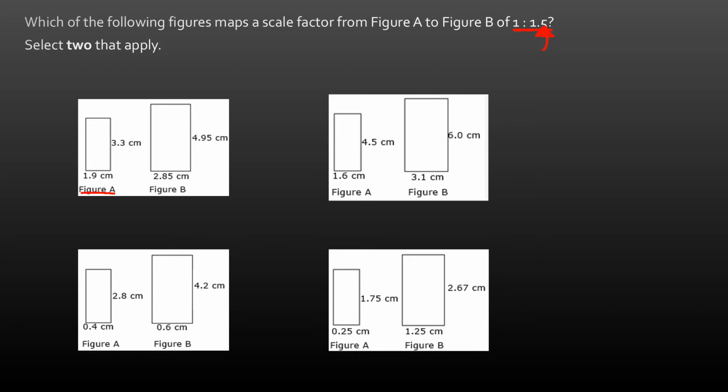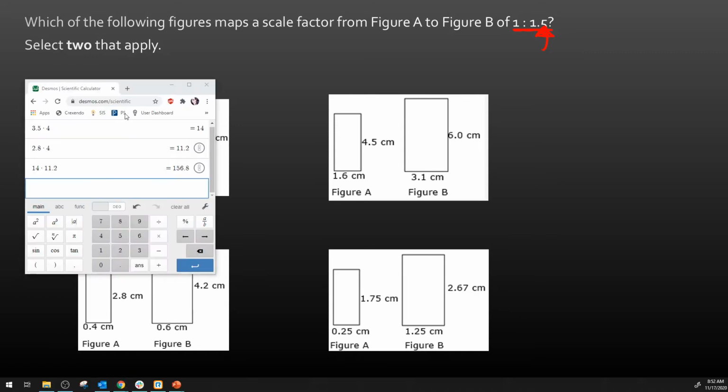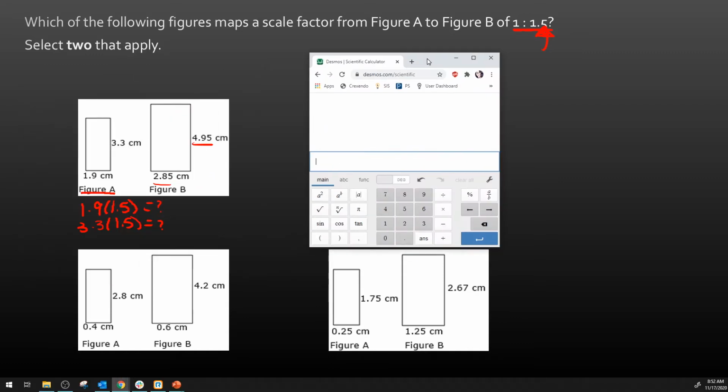Okay, so for figure A, I'm going to take 1.9 and multiply it by 1.5, and then I'm going to take 3.3 and multiply it by 1.5, and I'm looking to see if I get these two side lengths here. If I do, perfect, that one counts. If I don't, then that one does not count. So I'm going to bring my calculator back.